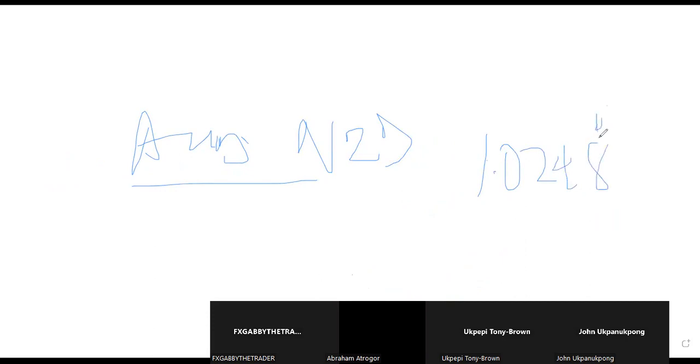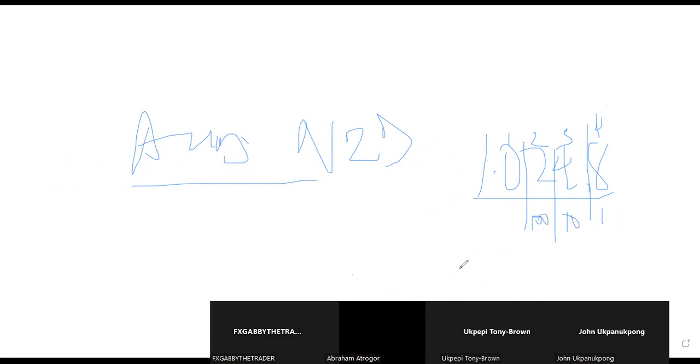AUD NZD is currently at this price, 1.0248. I have to hurry up. That is your fourth decimal, 3, 2, 1, and then 10 and 100.